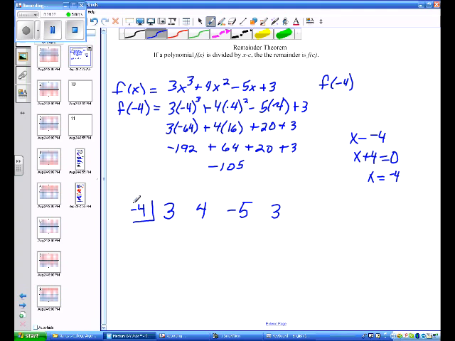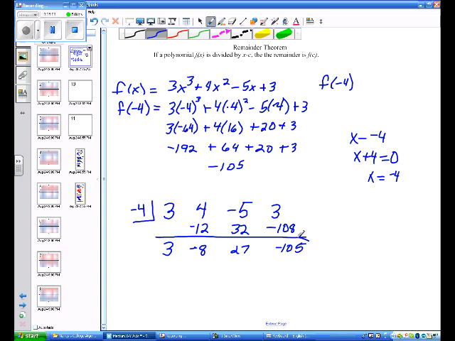Now, let's do our synthetic division. We're going to bring down the first number and then multiply. Negative 4 times 3 is negative 12. Plus 4 would be negative 8. Negative 4 times negative 8 is 32, plus negative 5 is 27. Negative 4 times 27 is negative 108 plus 3 is negative 105.